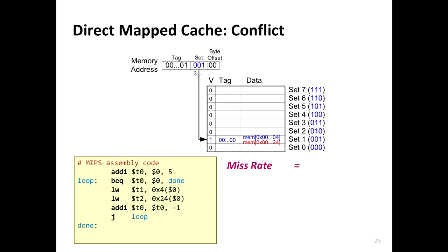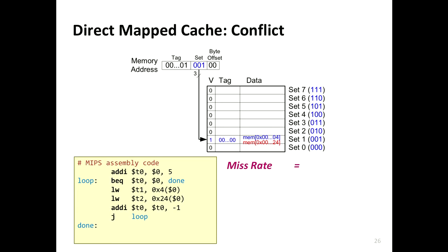Let me quickly show another example, and then we can go for a break. You have the same example of 5 iterations, but this time you access memory addresses 4 and 24. Remember, 4 and 24 map to the same cache set, which basically means that when you load 4, you're going to generate a cache miss. You read it and load it into this line.